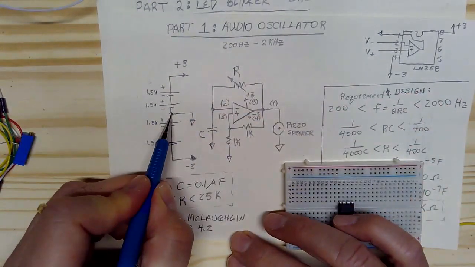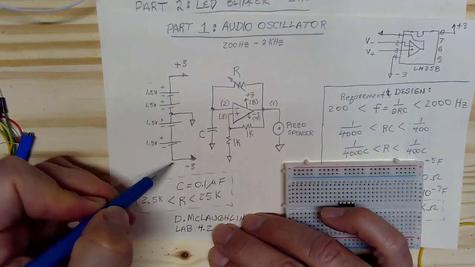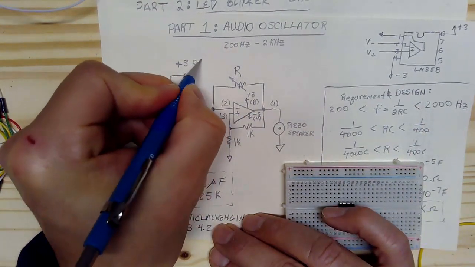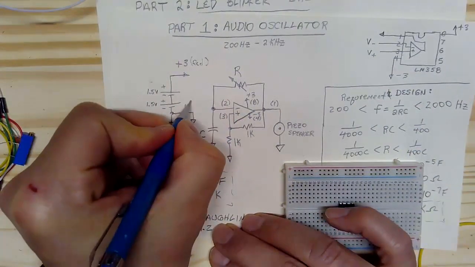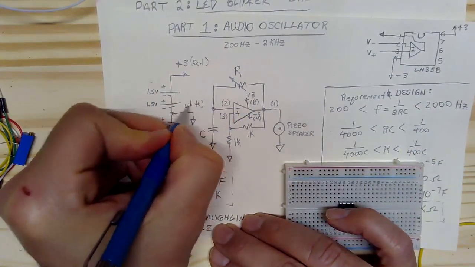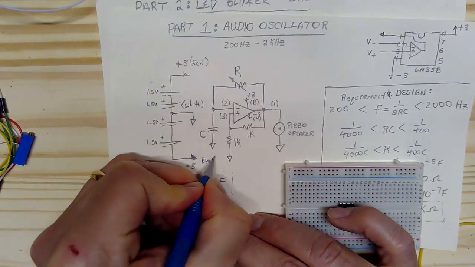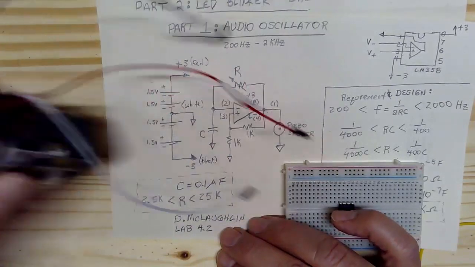So if this is our ground, then I have 3 volts above that and 3 volts below that. So our red wire is going to be 3 volts. Our ground is going to be white. And then our black wire is going to be our -3 volts. And that's what I've done with this power pack here.